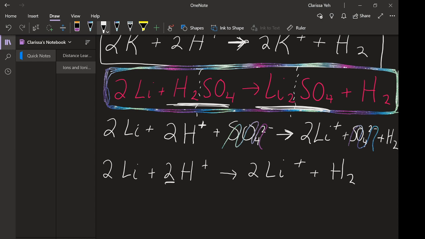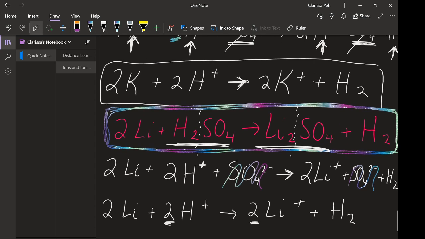The only way you show that you have more than one is just by changing the number in front, but showing that the overall charge is what it naturally is. So hydrogen always has a 1 plus charge, lithium always has a 1 plus charge. Okay, so ionic equations, that is done.